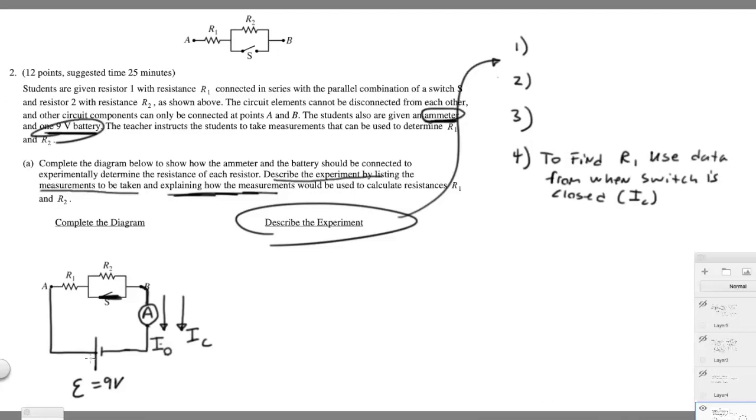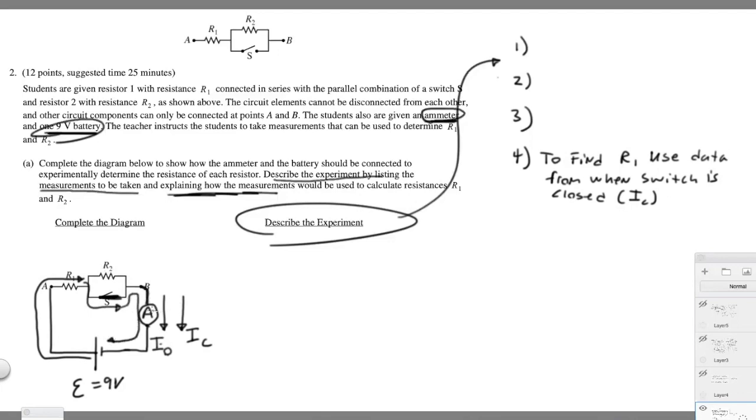When the switch is closed, current comes out of the battery, it goes through resistor 1, and none of it is going to go up here through resistor 2. The reason why is current follows the path of least resistance. Current is going to come down through the switch, there's no resistance there, and then back to the battery.